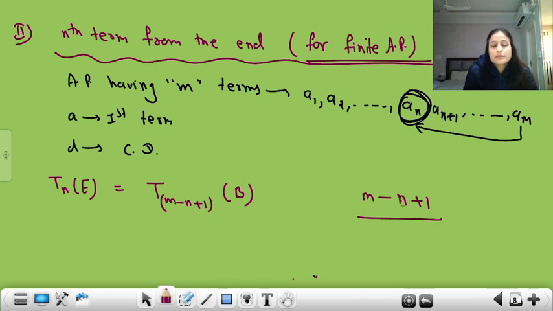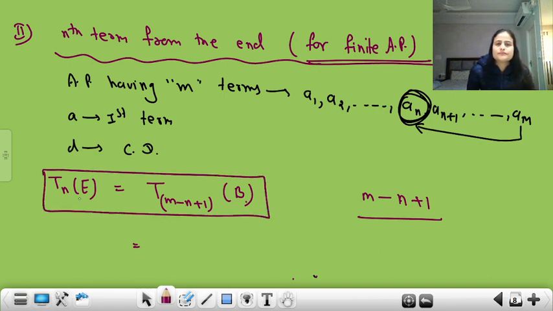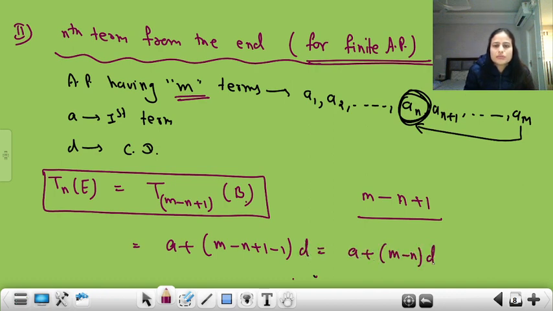So the m minus n plus 1th term from the beginning, right? So the formula, you had better remember this thing, right? The total number of terms should be known. So the formula like a plus, instead of n I will put m minus n plus 1 minus 1, and the common difference is d, so it is nothing but a plus m minus n into d, right?